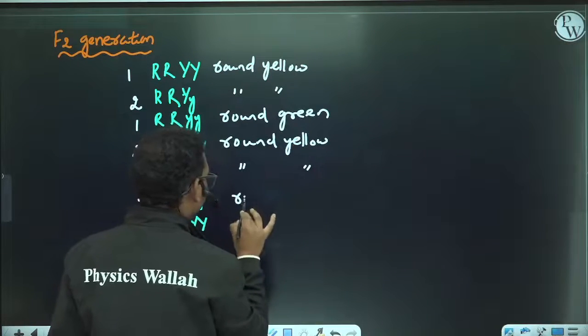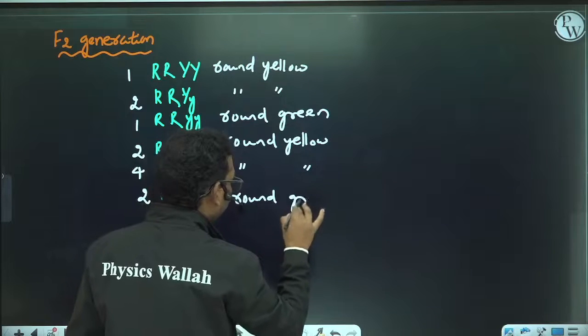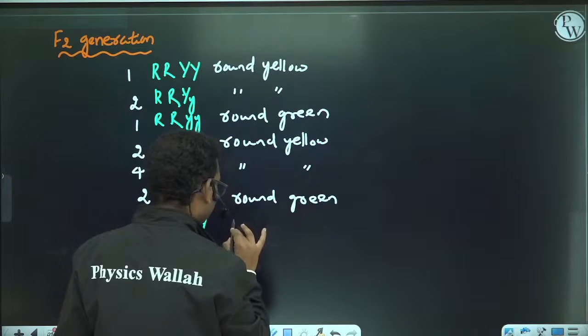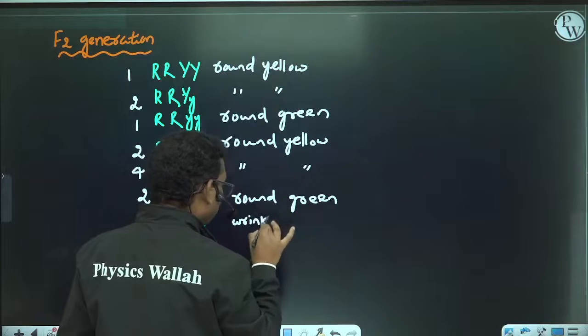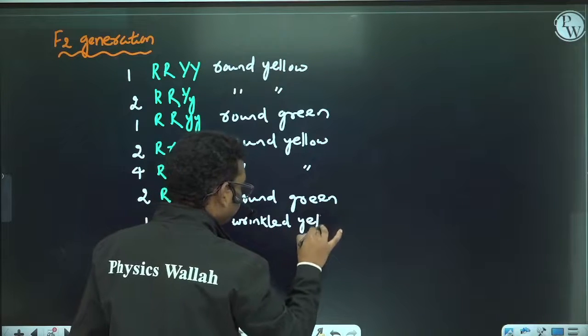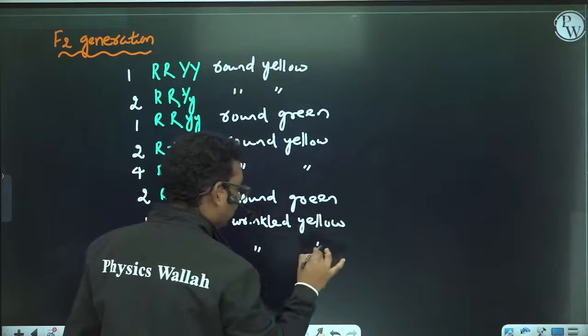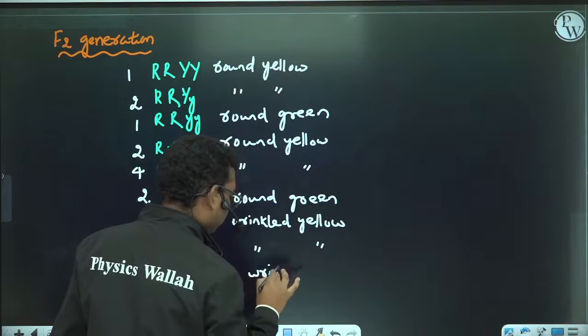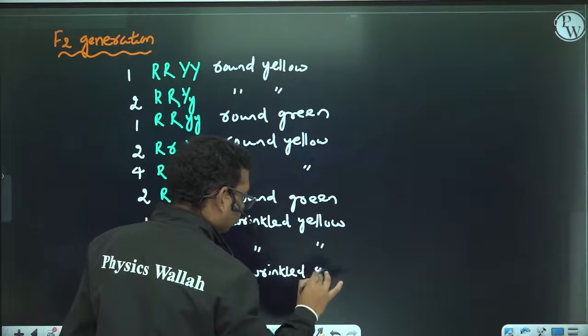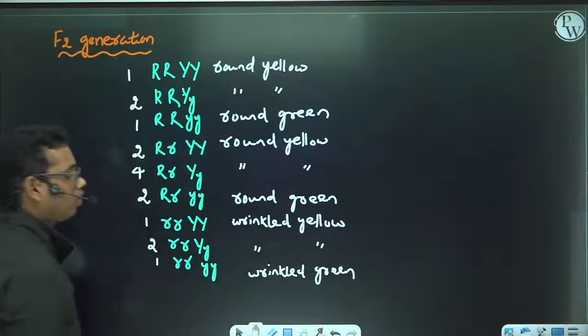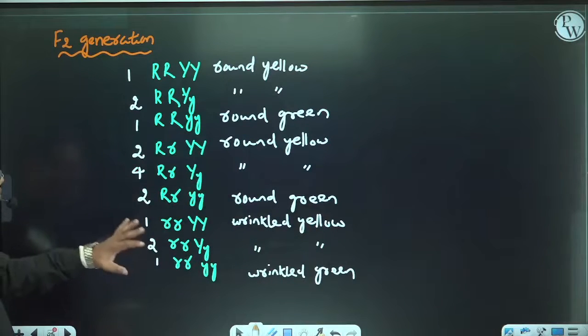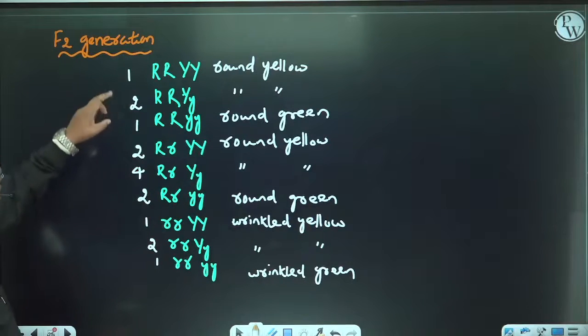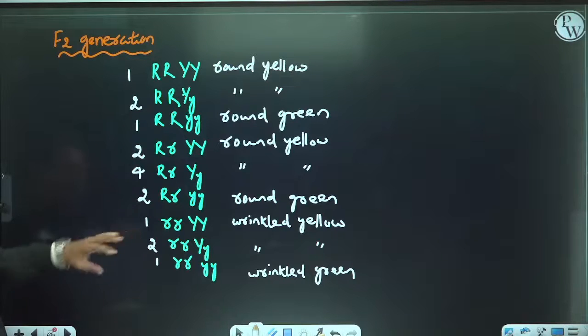This is round and green, right? And this is wrinkled and yellow. This one is also wrinkled and yellow, and this one is wrinkled and green, right?